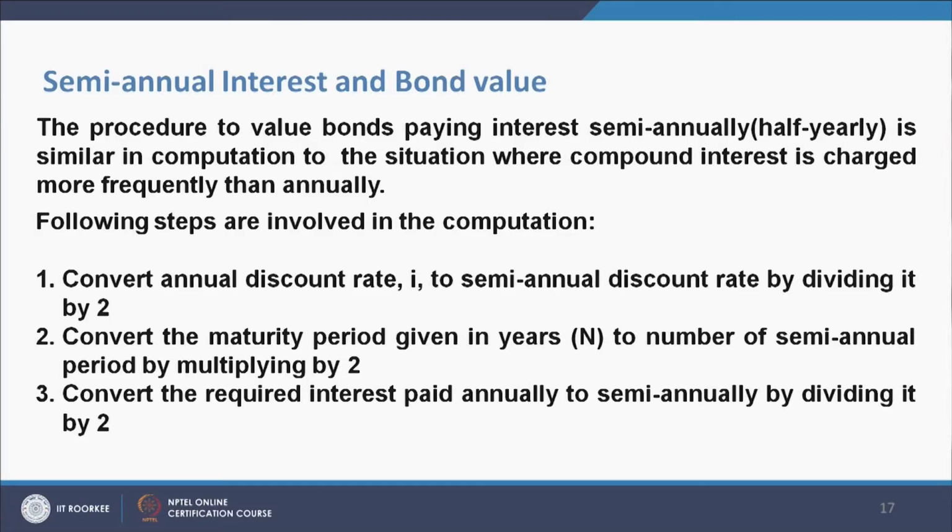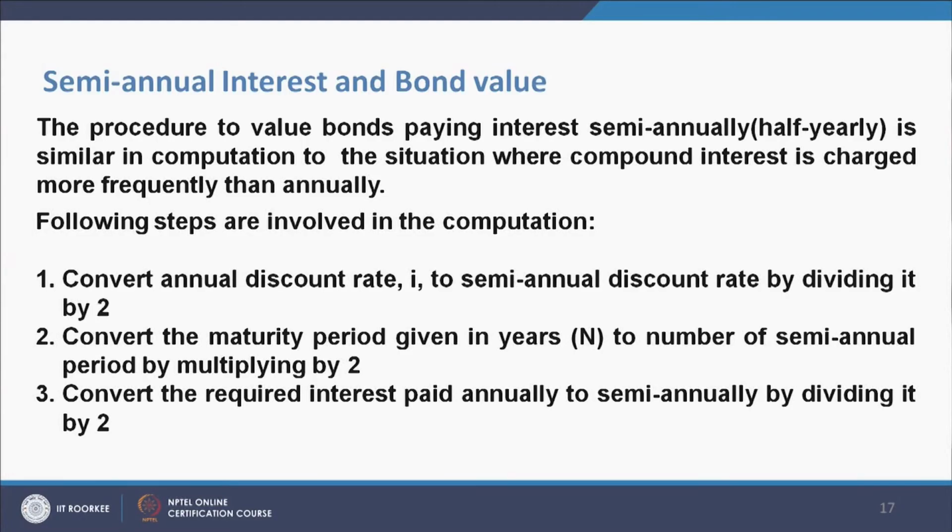Now, let us see a third type of evaluation, that is semi-annual interest and bond value. The procedure to value bonds paying interest semi-annually, that is half yearly, is similar in computation to the situation where compound interest rate is charged more frequently than annually. The following steps are involved in the computation.